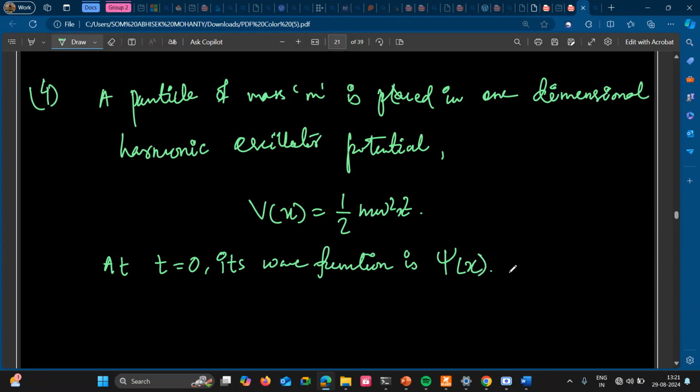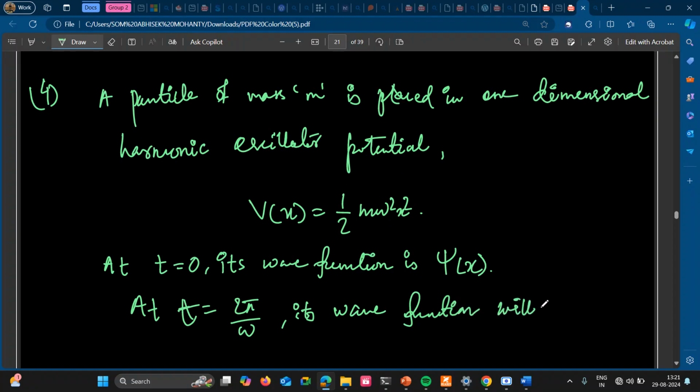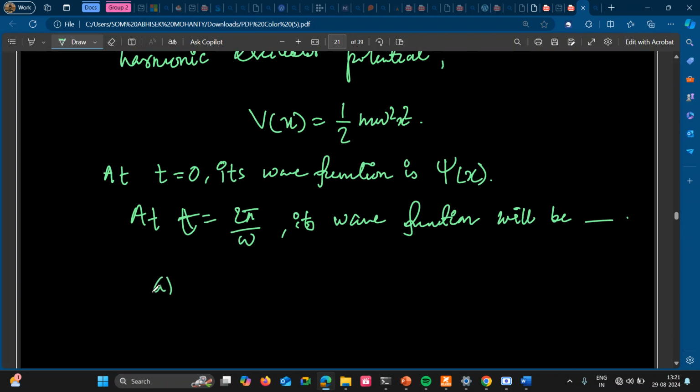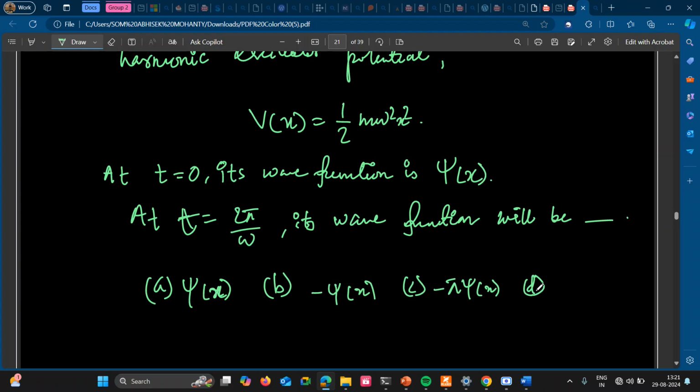At t is equal to 2 pi by omega, its wave function will be, the options are: option A psi x, option B minus psi x, option C minus pi psi x, option D 2 pi by omega psi x. This is the question.